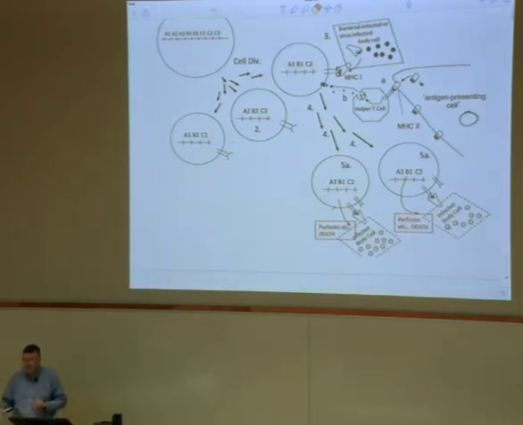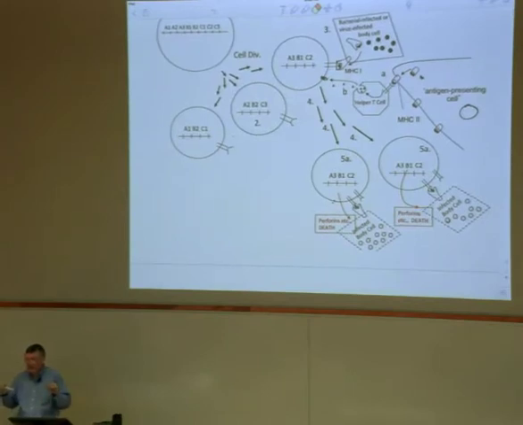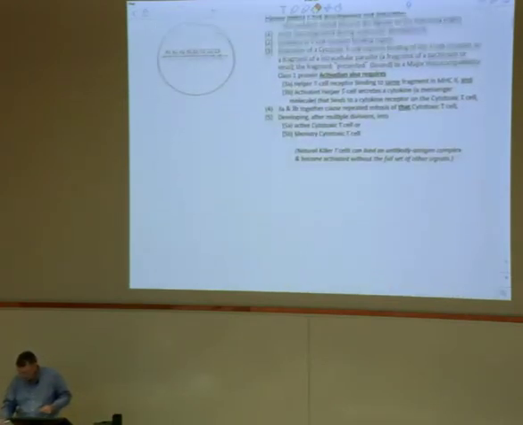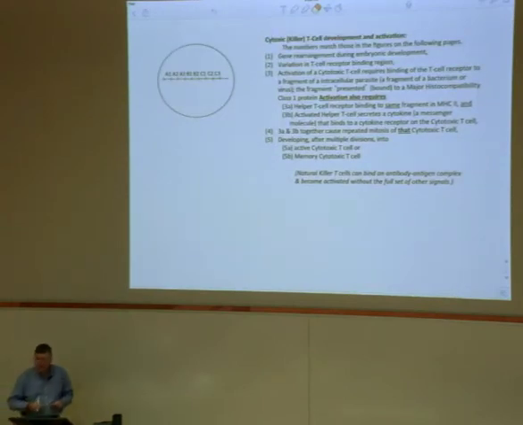So this is the overview, but I strongly recommend you guys work through sketches of your own. Trying to remember it from this figure is a nightmare. This is way, way too busy, way too complex. I'm going to break it down some, but I want to go through the basic idea. We're going to start with T cells. I never can decide for sure whether to start with T or B cells, but usually I start with T cells.